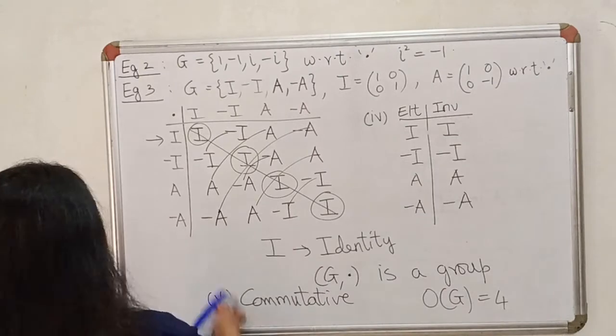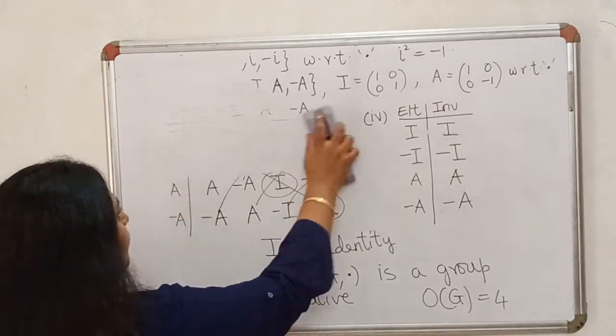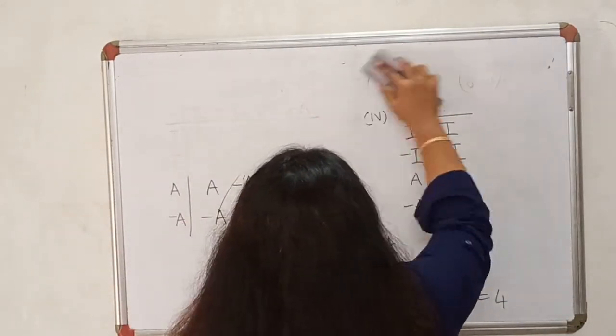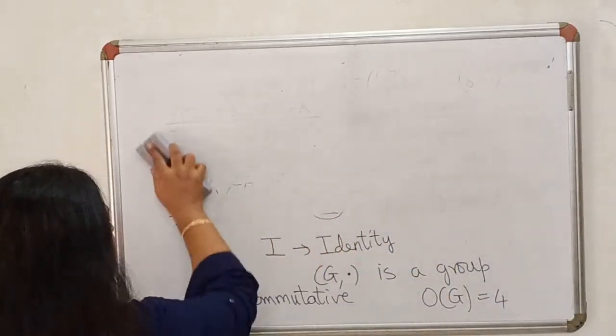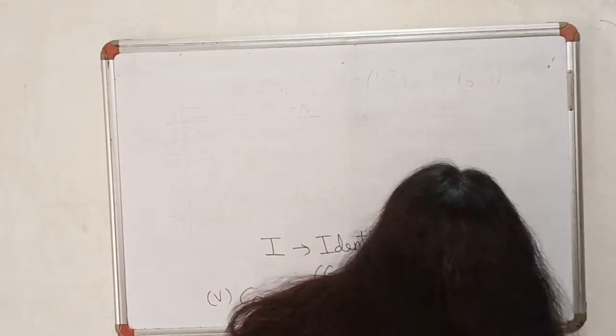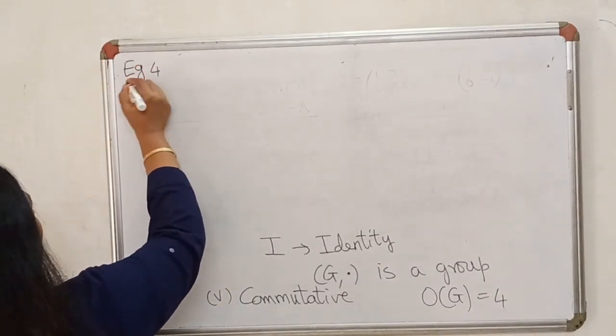There is yet another very interesting group of order 4 which you all must know. And that is Klein's 4 group.